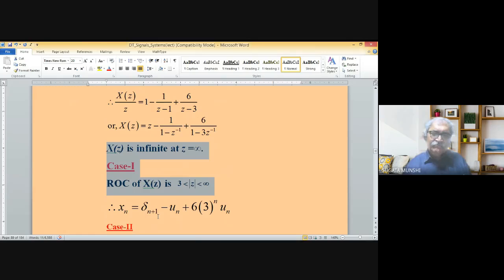It's delta of n plus 1, because the z transform of delta n is 1. So the z transform of delta of n plus 1, by the shifting property, the time advancing property of the z transform, is z. So x(n) is delta(n plus 1) minus u(n) plus 6 times 3 to the power n u(n). That is the first case.